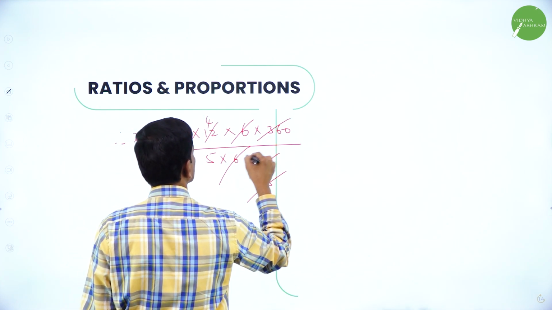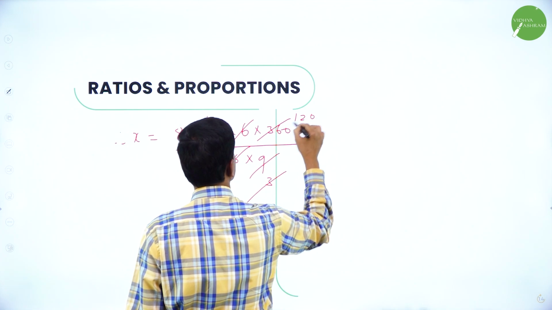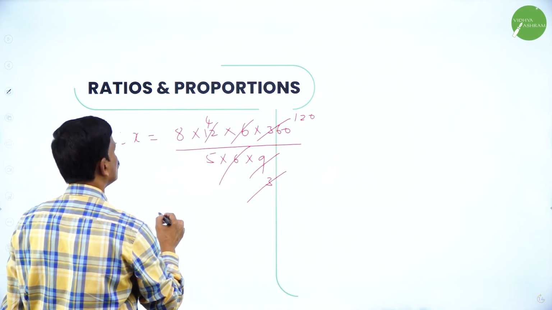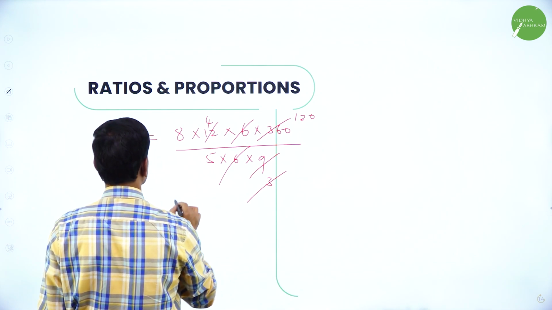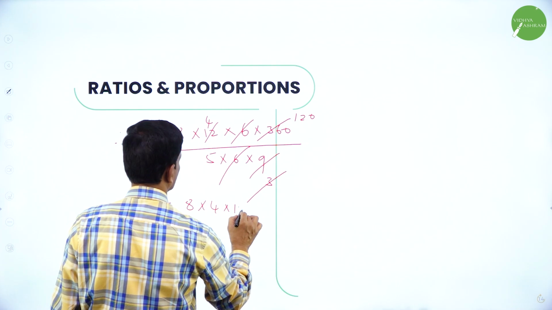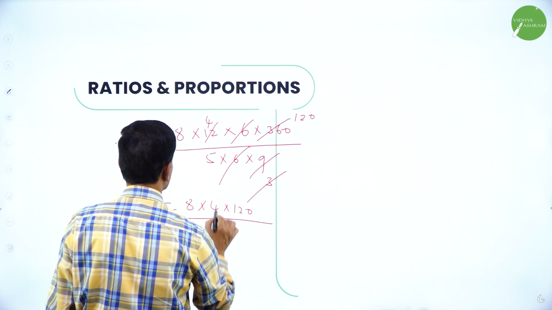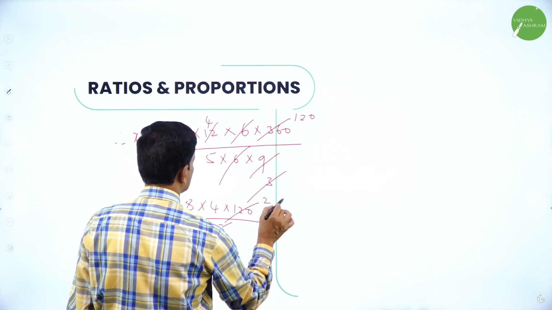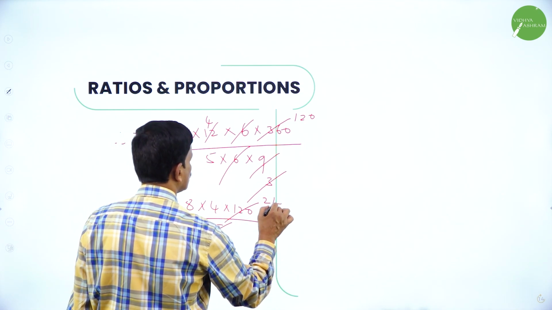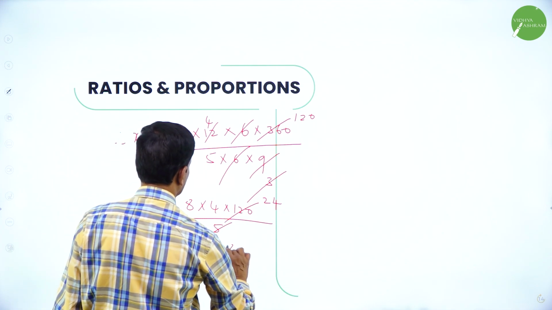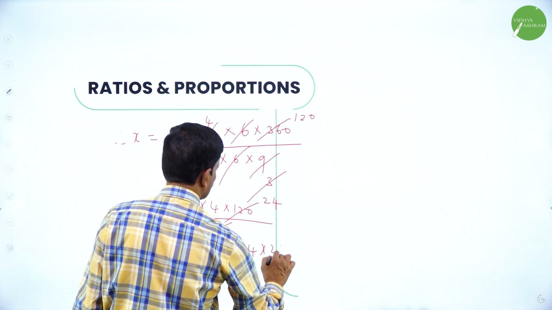Again from this, 3 1s are 3, 3 2s are 6, 12 3s are 36. So what is remaining in the denominator? So this is 8 into 4 into 120 divided by 5. 5 2s are 10, 5 4s are 20, 5 24s are 120. So this is 8 into 4 into 24.